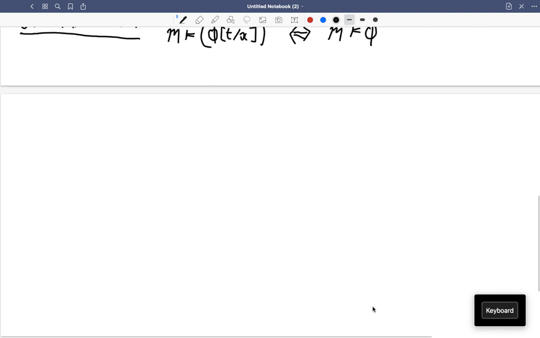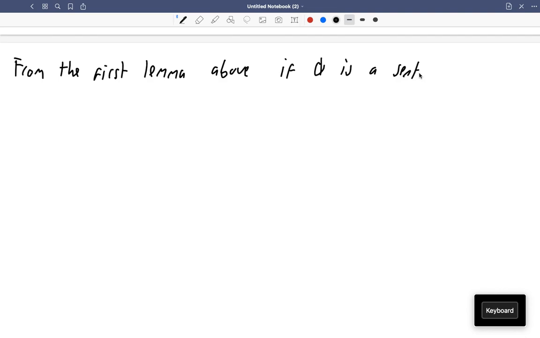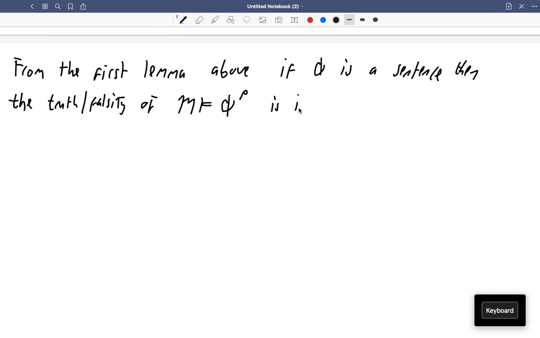From the first lemma above, if phi is a sentence, then the truth or falsity of the relation M satisfies phi, interpreted in the environment rho, is independent of rho. Doesn't matter what environment you use, it makes no difference.